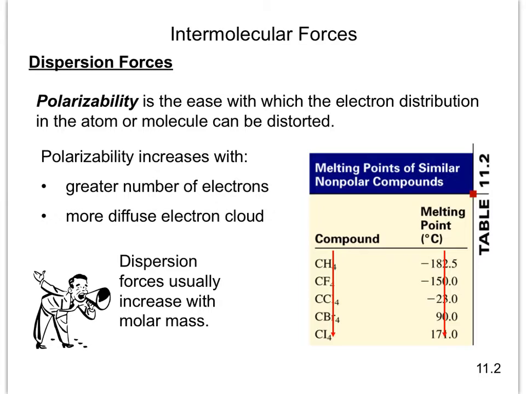Generally speaking, as molar mass increases, dispersion forces also will increase. So for these compounds, which are all carbon compounds with just 4 of the same, for most of them halogens, except for hydrogen, the mass is increasing, and as the mass increases, so does the melting point, because as the mass increases, you're getting more dispersion forces, so they're held a little bit more tightly together.